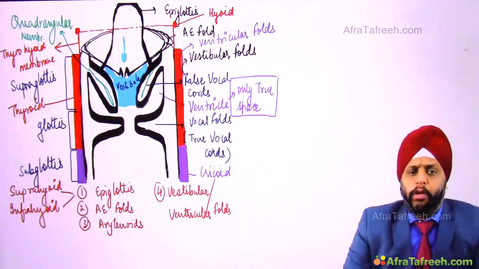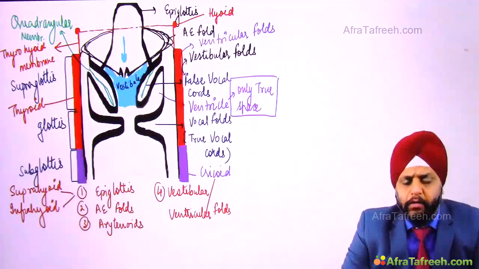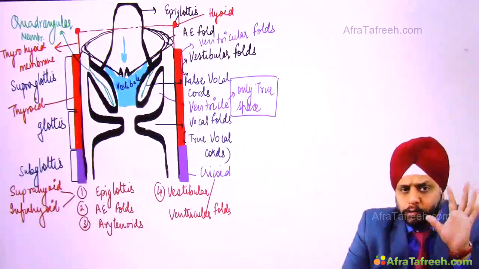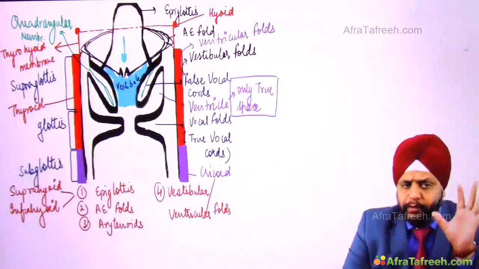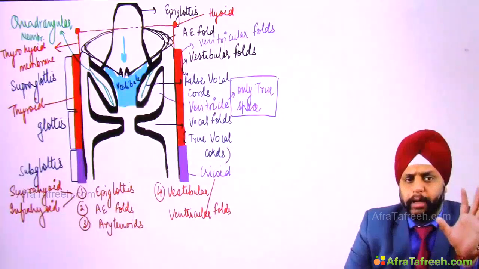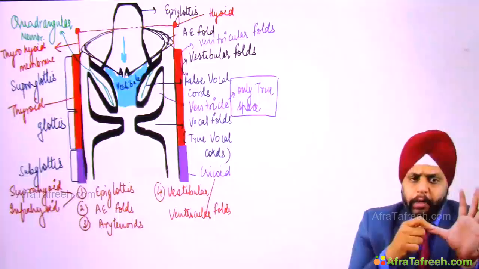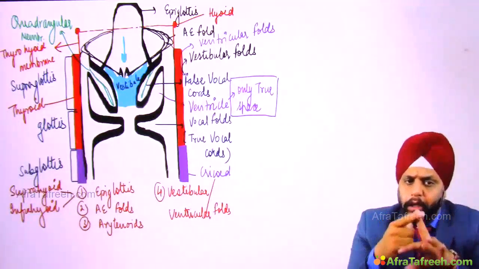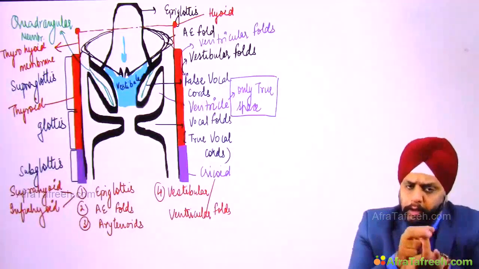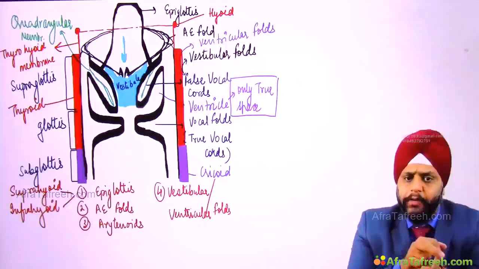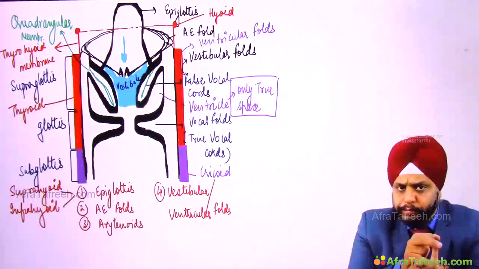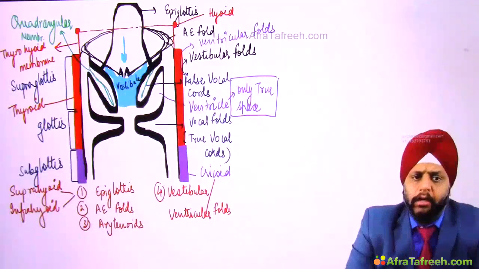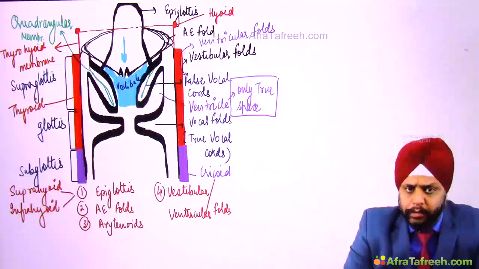Okay, so for the sake of malignancy, we have 5 subsites in the supraglottis. What are the 5 subsites of supraglottis for a malignancy? Suprahyoid epiglottis, infrahyoid epiglottis, aryepiglottic (AE) folds, a pair of arytenoids, and a pair of vestibular or ventricular folds. These are the different subsites in supraglottis for a malignancy.